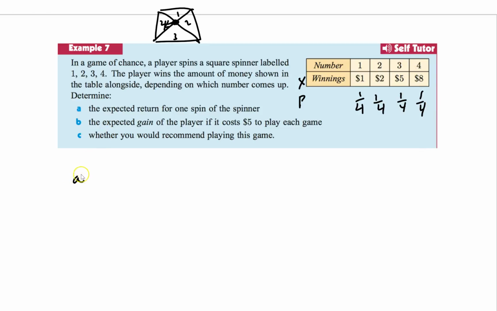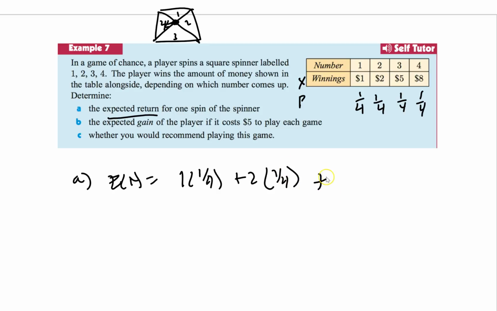Part A says, what's the expected return of one spin? Expected value, right? So you just multiply these things and add them up. So it's going to be $1 times 1/4, plus $2 times 1/4, plus $3 times 1/4. Actually, that's wrong. It's not $3. We're only getting paid $5, so we're getting paid $5, not $3. If it lands on 3, you get paid $5.